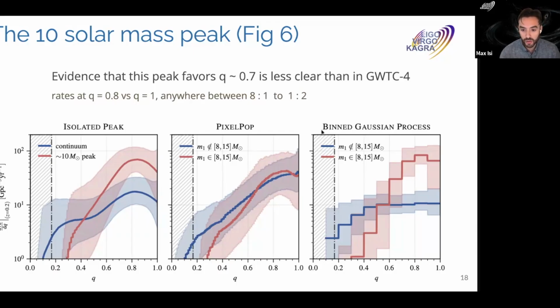have a dedicated model that was constructed to study this peak in isolation from the rest of the population of binaries. This isolated peak model, on the leftmost panel of this plot, models the mass distribution as a continuum that is supposed to capture everything except for the systems that are in a Gaussian peak around the 10 solar masses range.